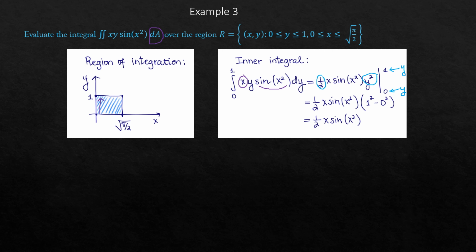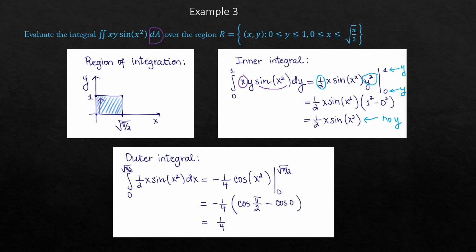Again, this is where you pause and ask, what kind of expression did I get? We have an expression in terms of x only. There's no y here. That variable is gone. All right, so then the next one would be the outer integral.